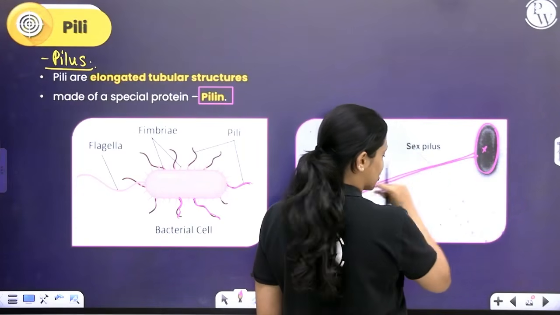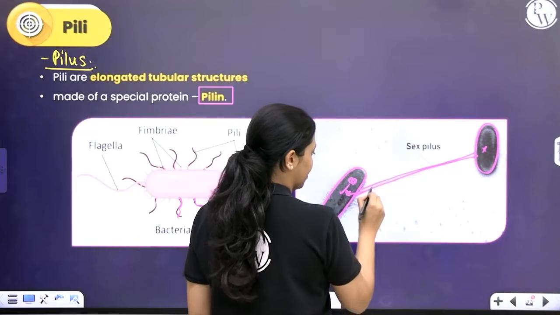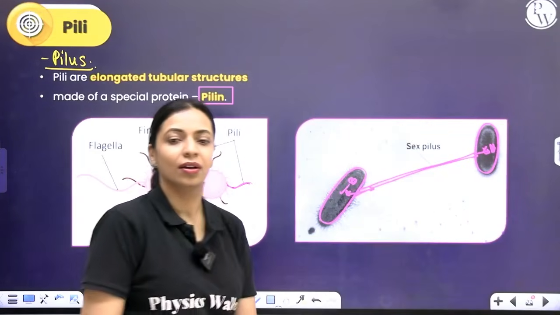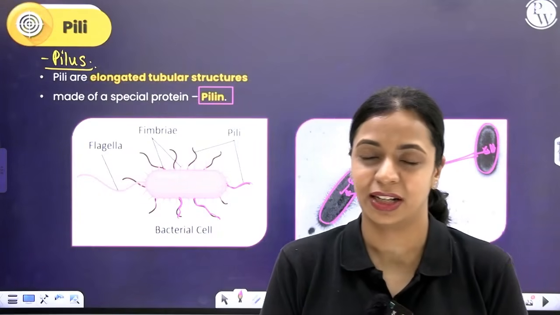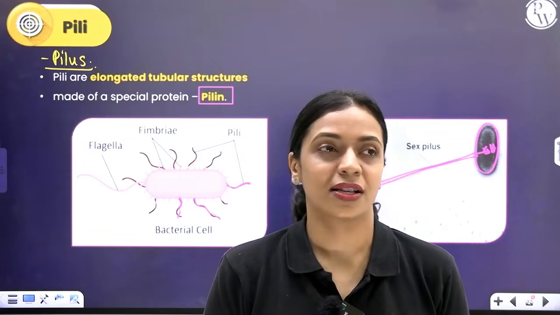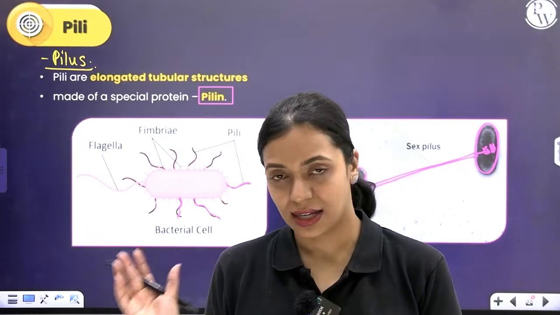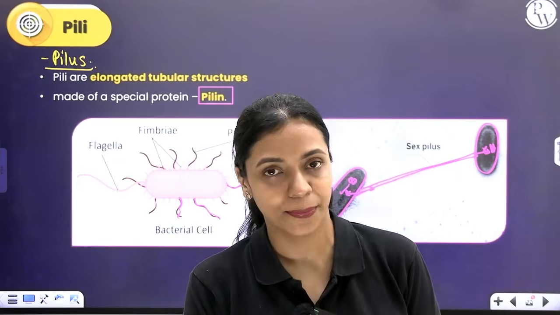It will form like a channel through which its genetic material can be transferred to this bacterium. So in bacteria, you know that exchange of genetic material itself is considered equivalent to sexual reproduction. You do not have specialized gametes or anything formed. So here this is considered to be sexual reproduction, and for conjugation pilus is used.